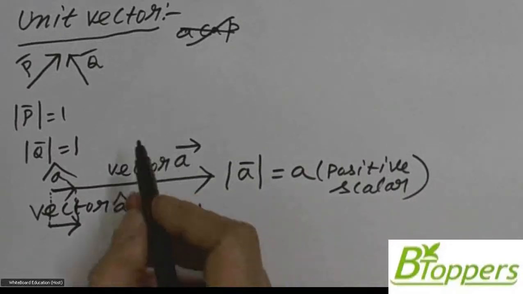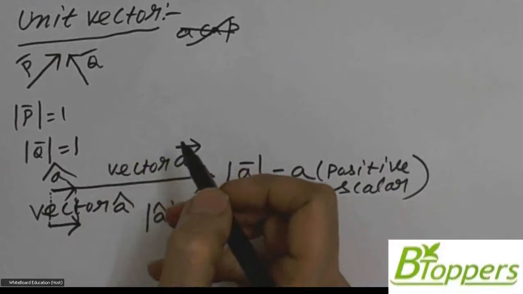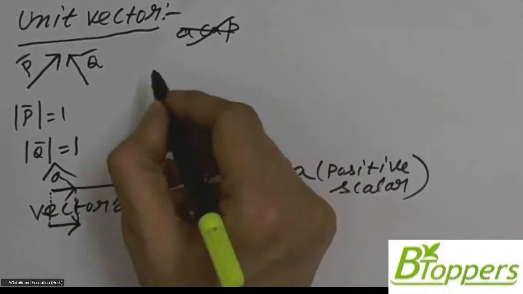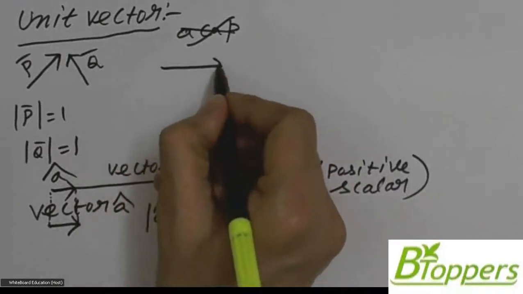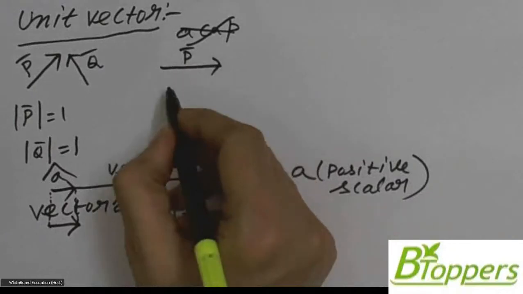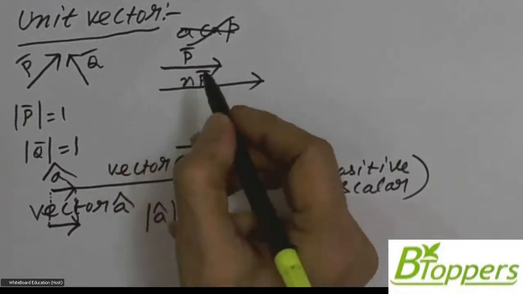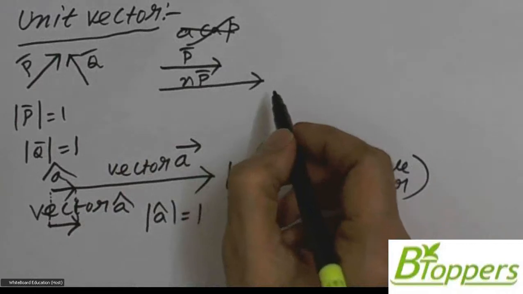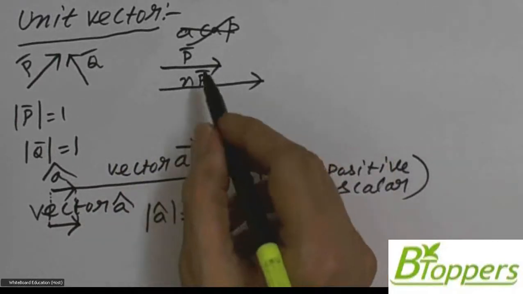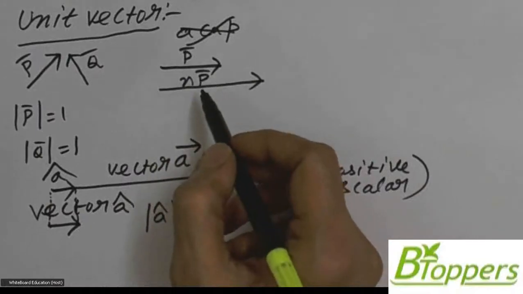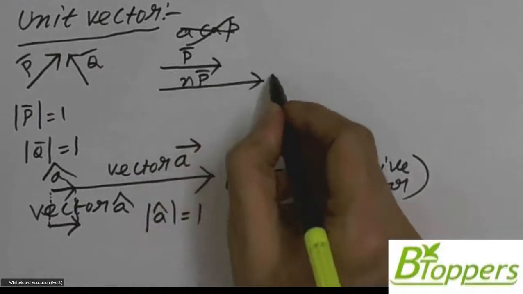As I discussed earlier in the multiplication of a vector with a scalar, in general, if P bar is a vector and N is a positive scalar, then NP bar represents another vector which has the same direction as the vector P bar.